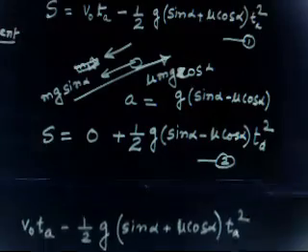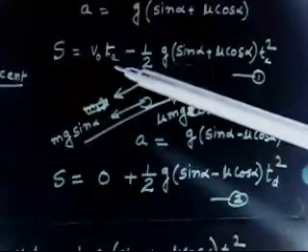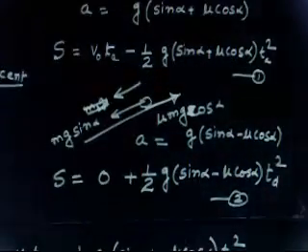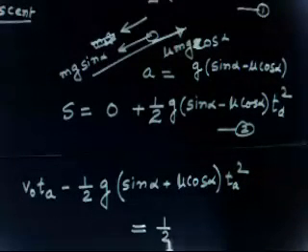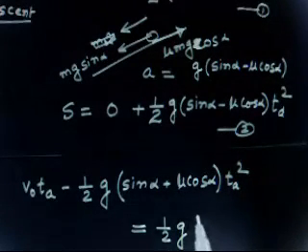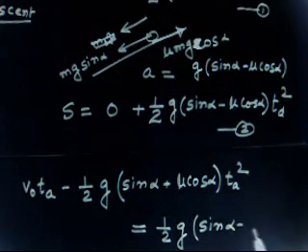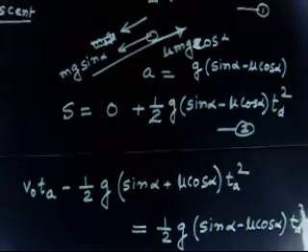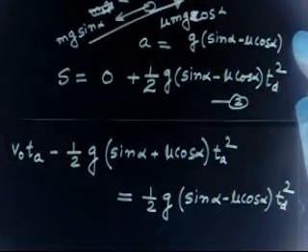So you check your equation. This is equal to half g sin alpha minus mu cos alpha into t d square. If I equate these two distances I will have this equation.